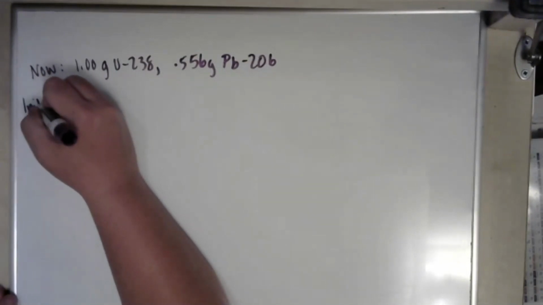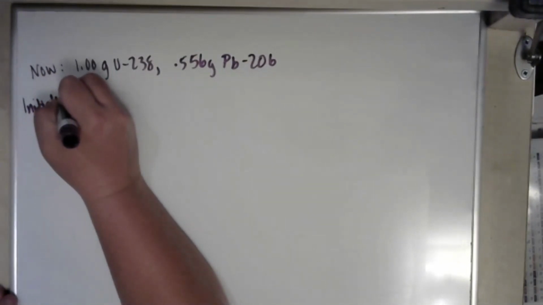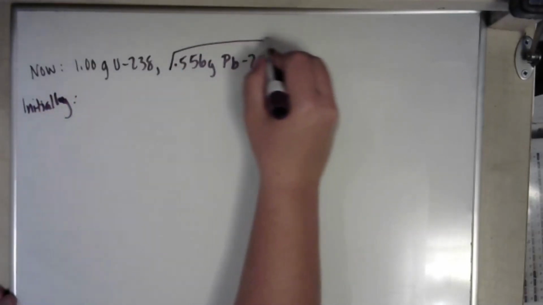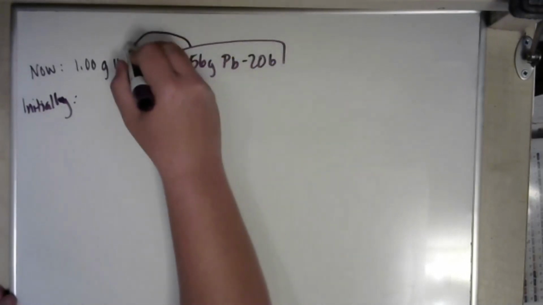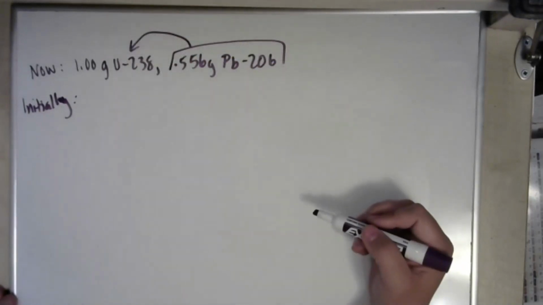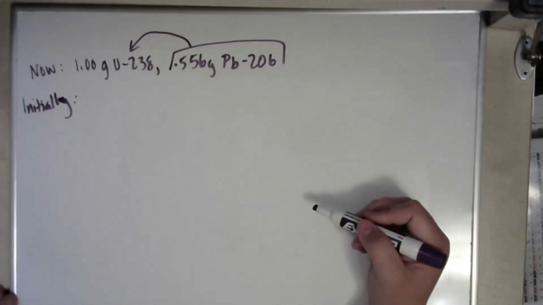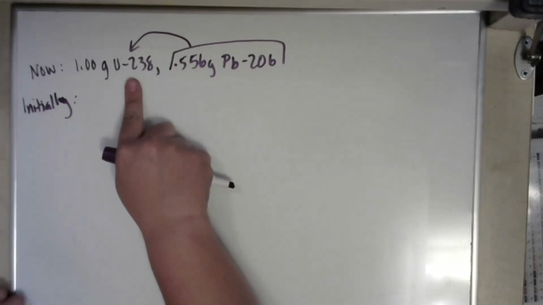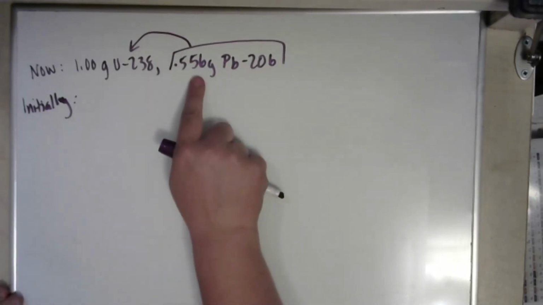Initially, all of this lead-206 used to be uranium-238. So the first thing we need to do is figure out how much uranium-238 there was initially, and we can do that based on this number here.